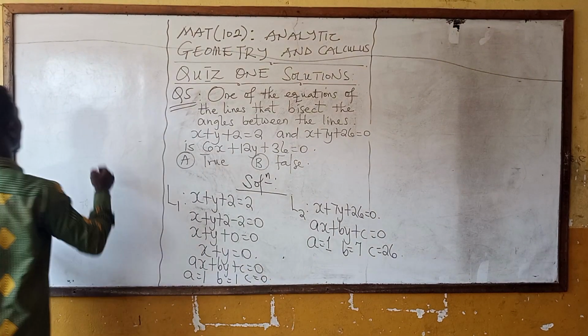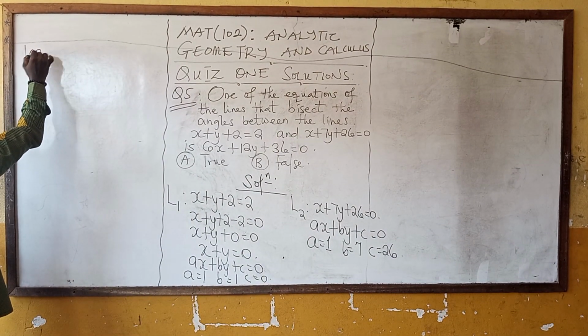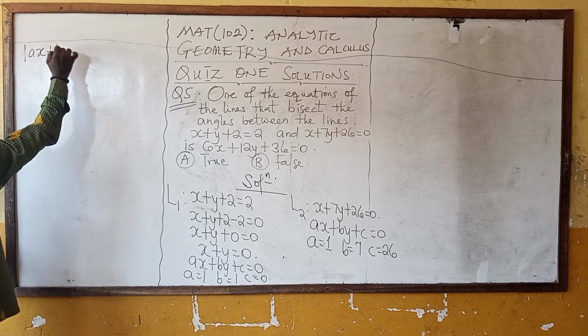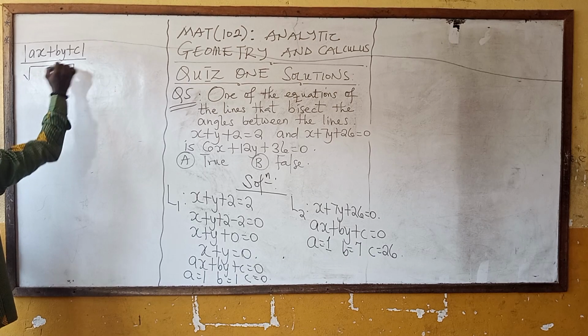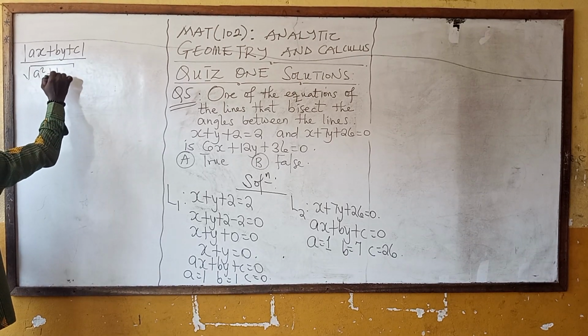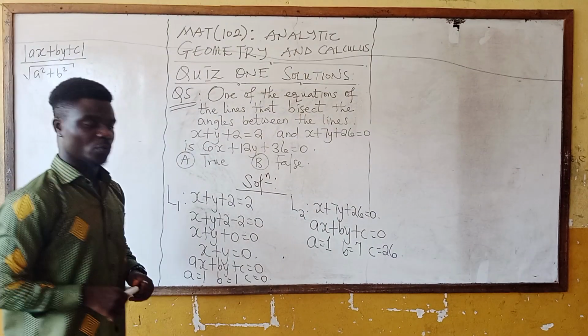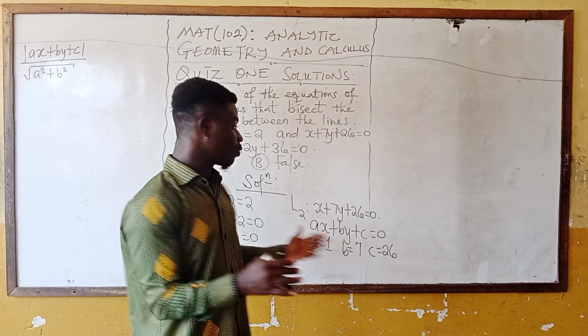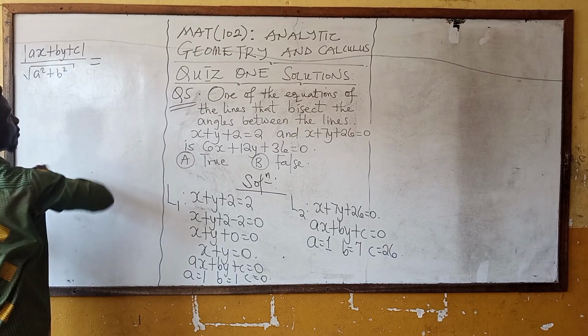That is the absolute value of ax plus by plus c, all over square root of a squared plus b squared. Now, since the two lines are doing the same job, we equate them.